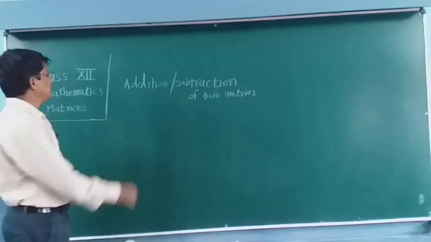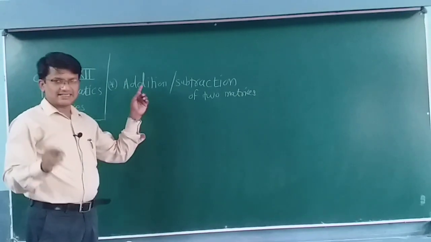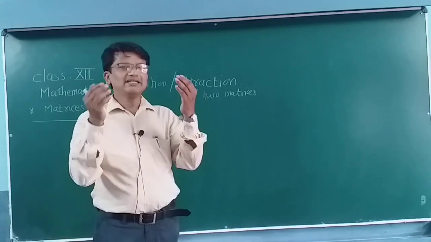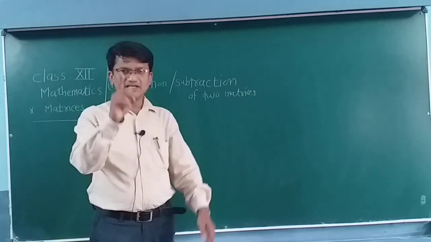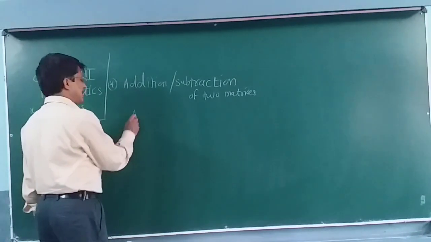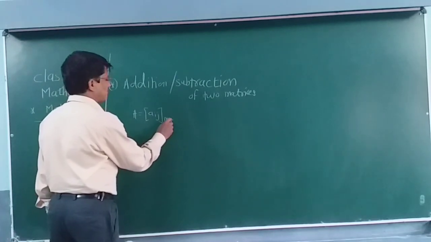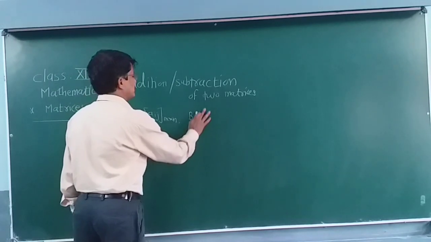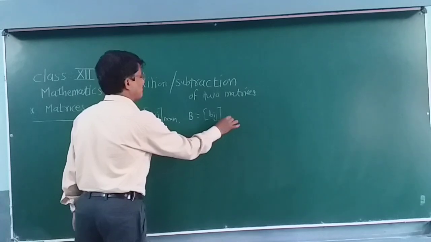Suppose A and B are two matrices, and if we want to add the two matrices, their order must be the same. Suppose matrix A equals Aij having order m by n, and the matrix B has elements Bij, order m by n.